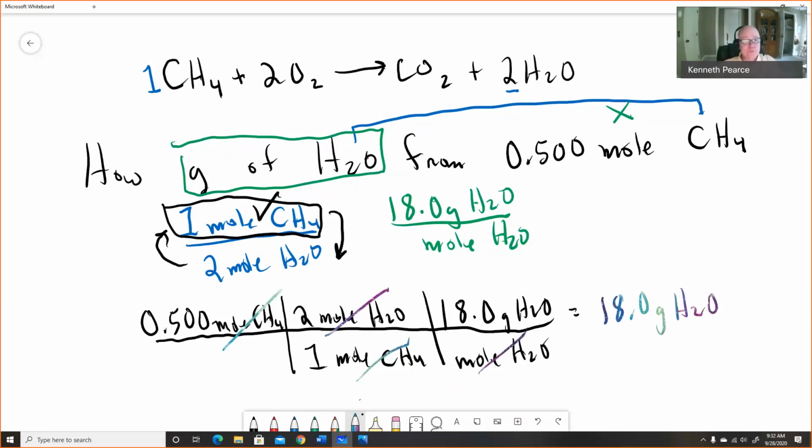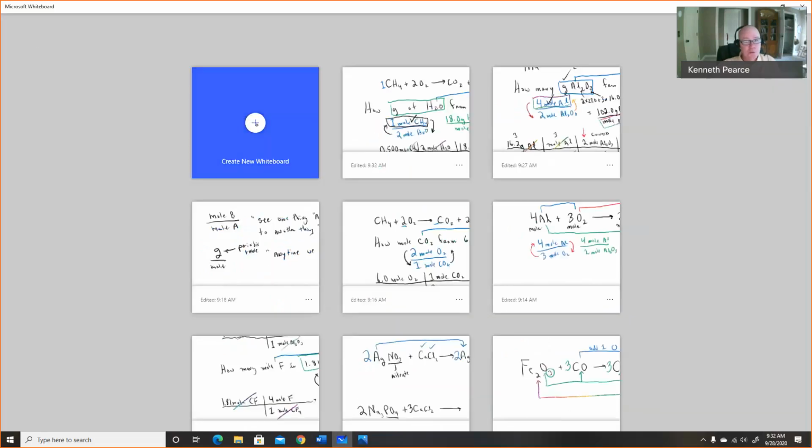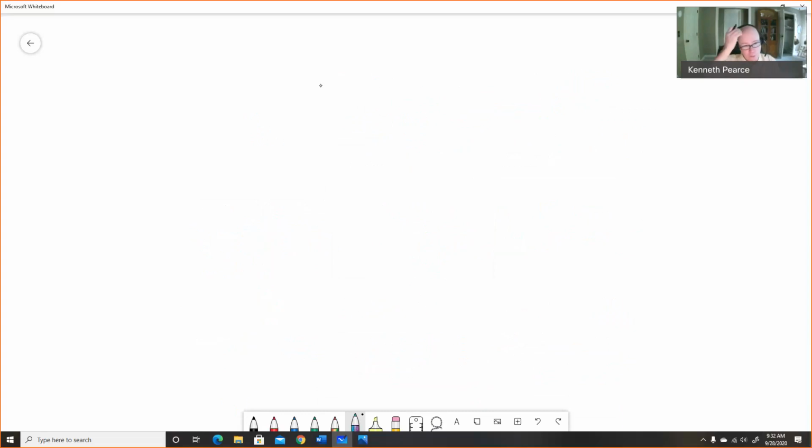Okay. And so the bottom line is that you're going to be pulling down whatever it is that you need to be able to do the problem. How about let's go grams to moles. How about if we have this reaction right here? Let me change colors. How about we have the reaction of hydrogen gas with oxygen to make water, and that would be 2 H2 plus an O2 gives me 2 water molecules.